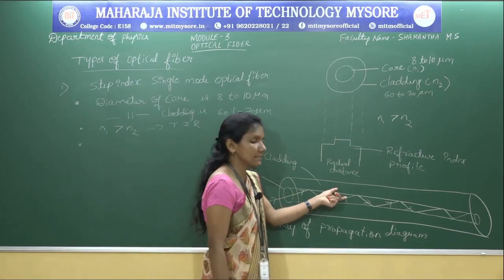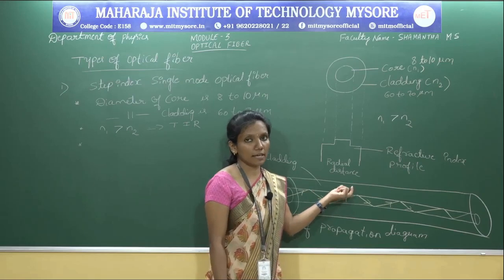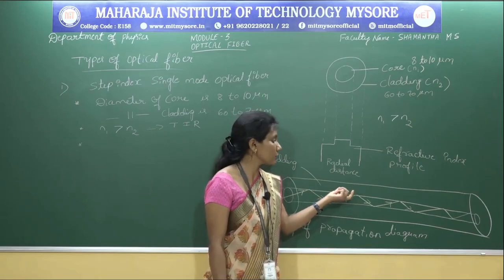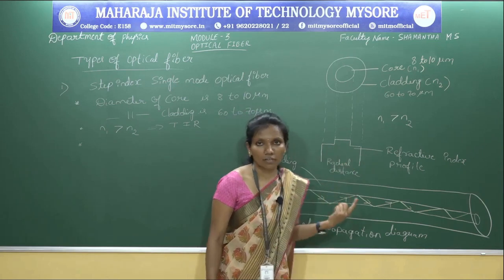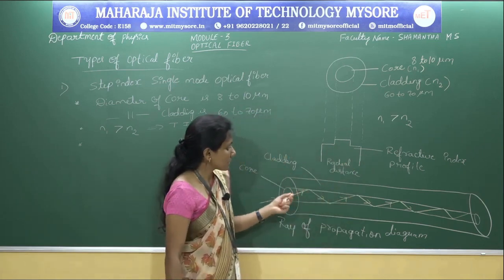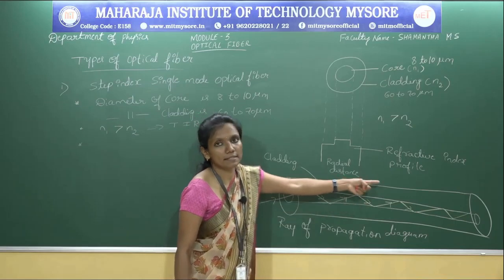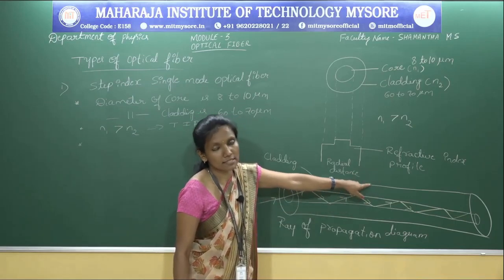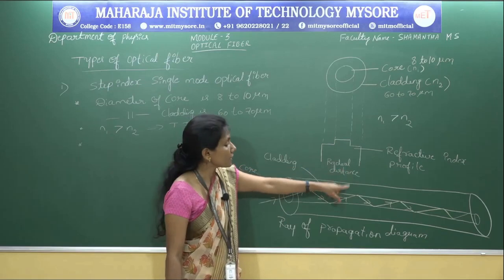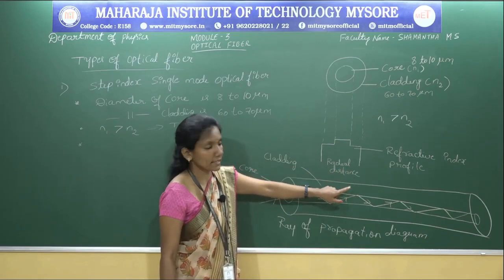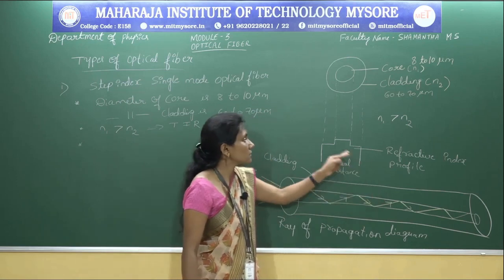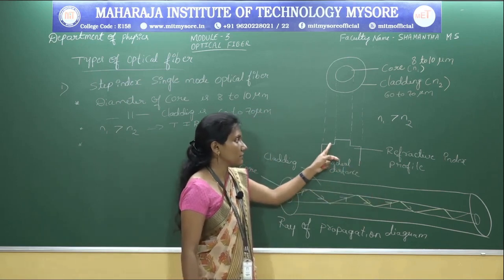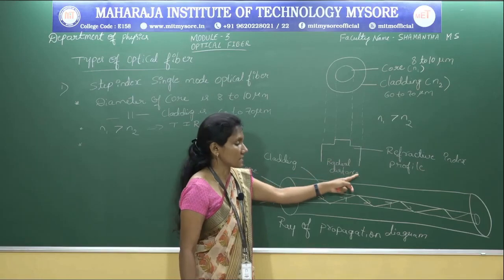Initially the core refractive index must be greater, but at some point there is a sudden change in the refractive index of the core and cladding at the interface. So the light signal takes a step-like structure.